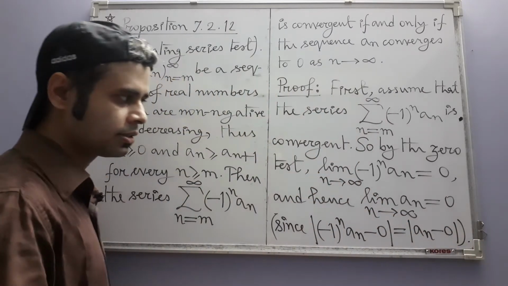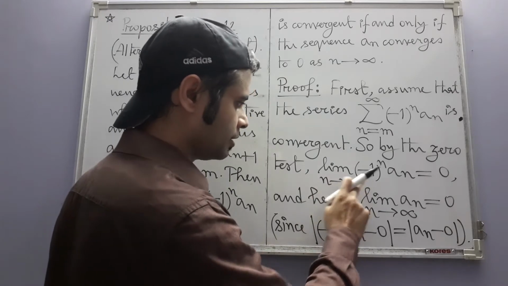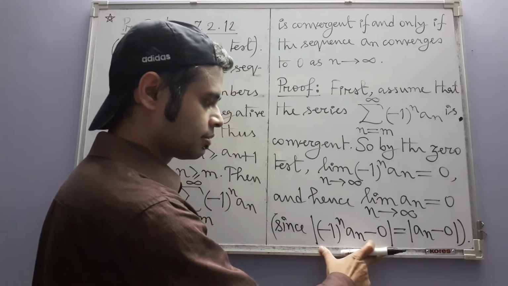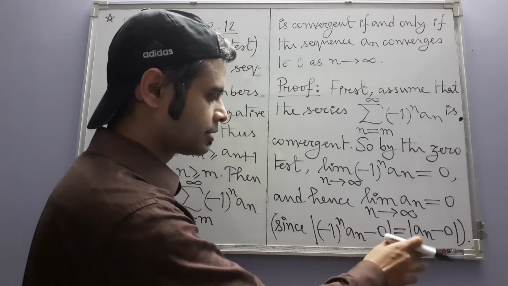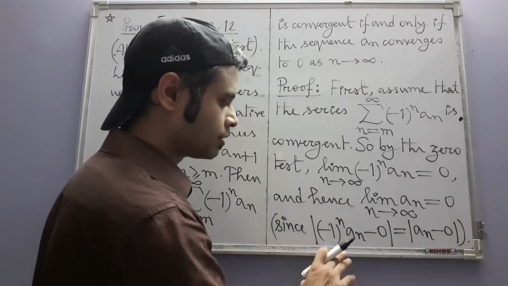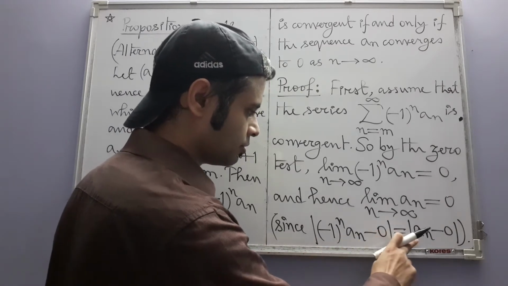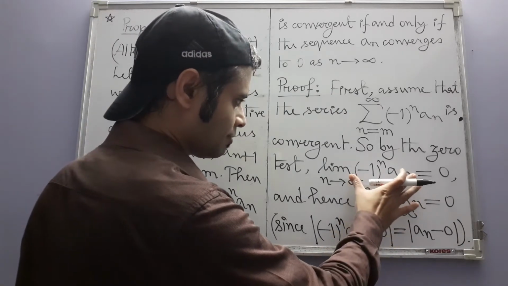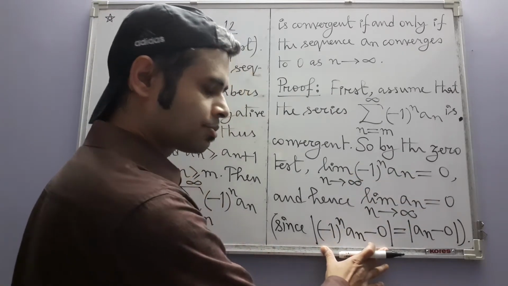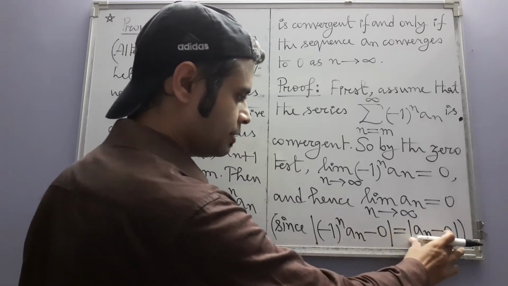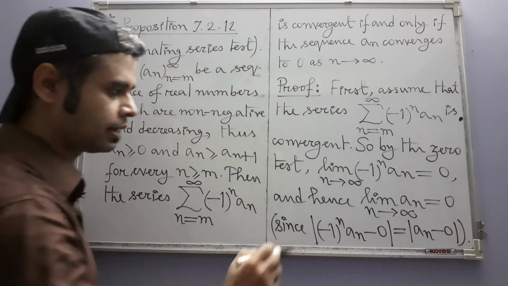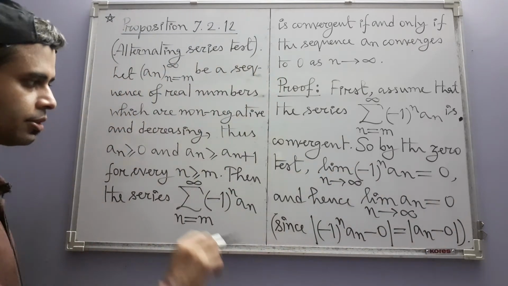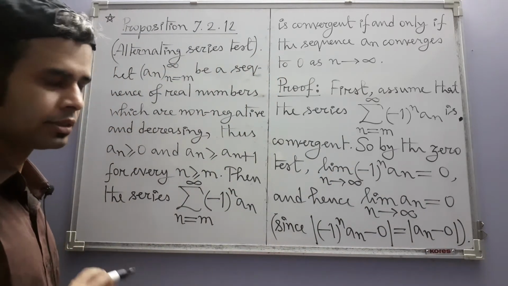So you can clearly see that if you apply the definition of limits to this limit, then you have this absolute value less than or equal to epsilon. In other words, because of this limit you can make this distance as small as you want, so correspondingly this distance also can be made as small as you want, and hence again by the definition of limits this limit is also 0. So that is one half of the alternating series test.